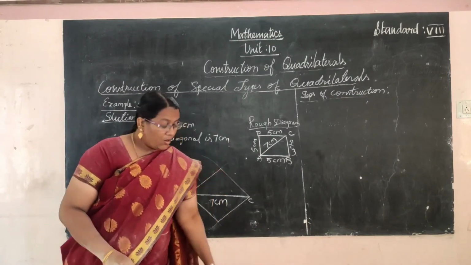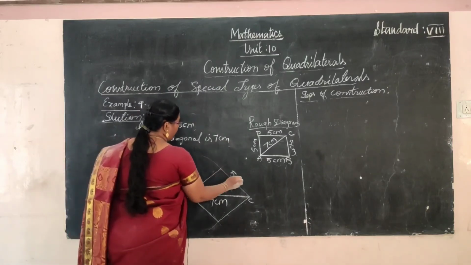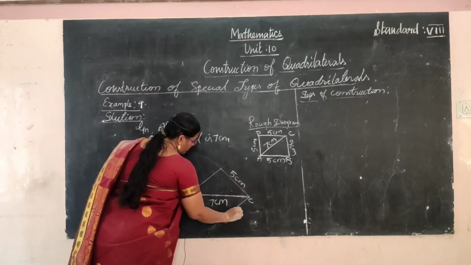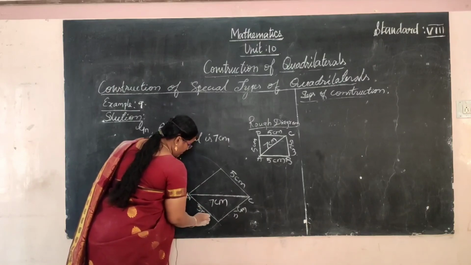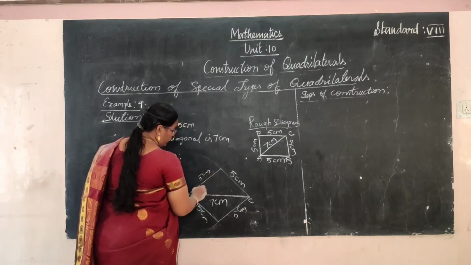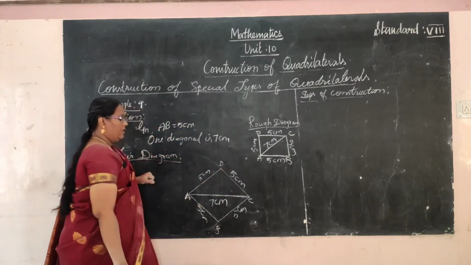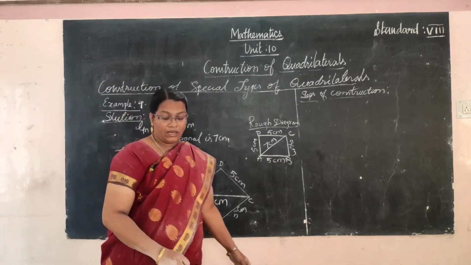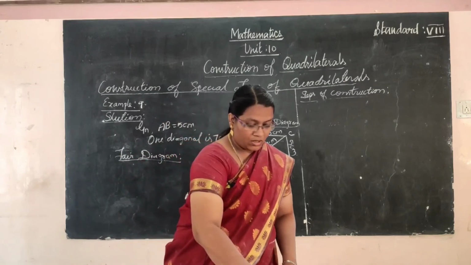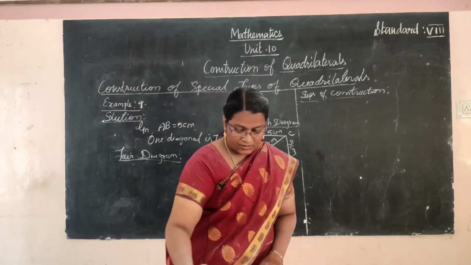All the sides measure 5 centimeter, intersecting at the points B and D. Now we get the rhombus. Now write the steps.